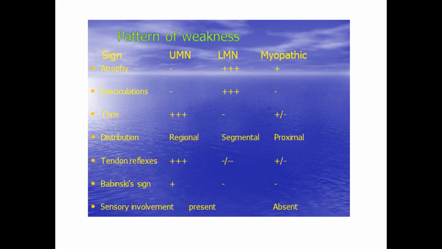So when you say regional distribution, they are probably going to be weak in the whole arm, not necessarily only the small muscles of the hand. Lower motor neuron lesion is segmental, for example, the whole forearm. Proximal is a myopathy, normally proximal weakness. In the history, proximal weakness normally makes the patient say, I can't get up from the bed. If it is a distal weakness, they will say, I keep tripping over. Okay, so that is the pattern of the weakness.